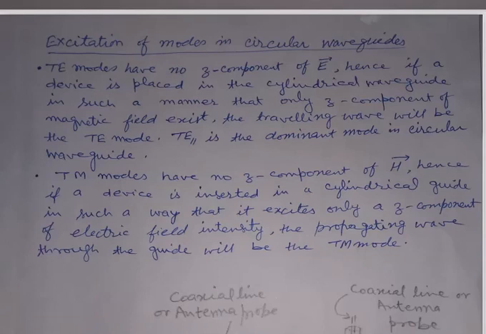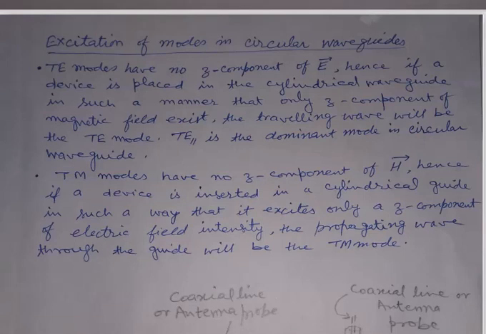Now in the next part, we will also discuss how the modes can be excited in the case of circular waveguides. As in the case of rectangular waveguides, we have discussed that there are two popular methods for the excitation of various waves in waveguides, and these are probe coupling and loop coupling.